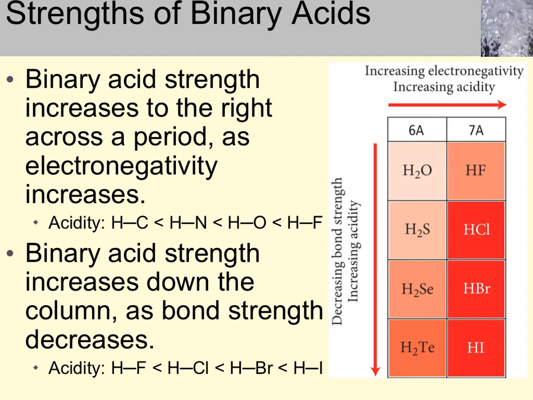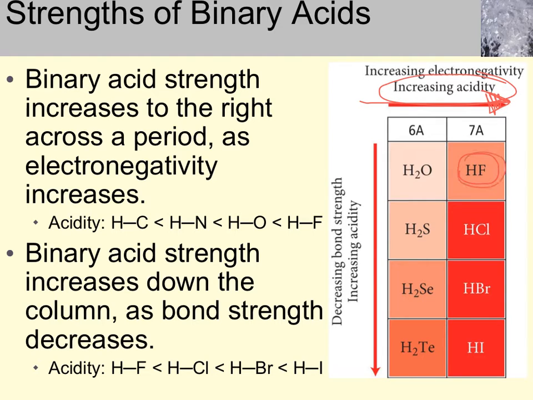There are trends that make an acid stronger or weaker, and so we're going to look at these trends with respect to the periodic table. So as you move left to right, and this would be a multiple choice type question, as you move left to right across a period on the periodic table, acidity increases, okay?